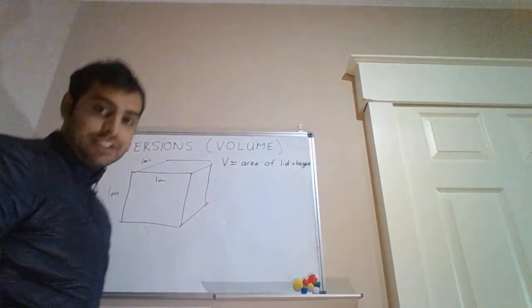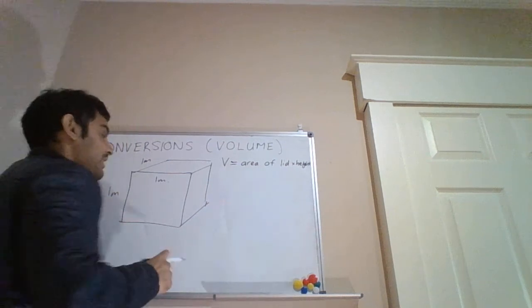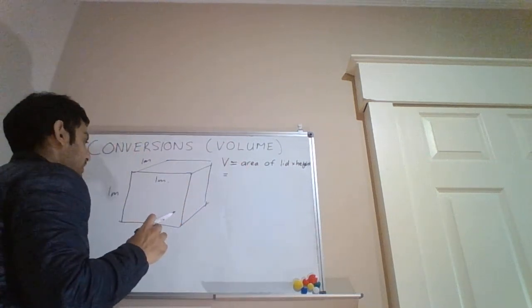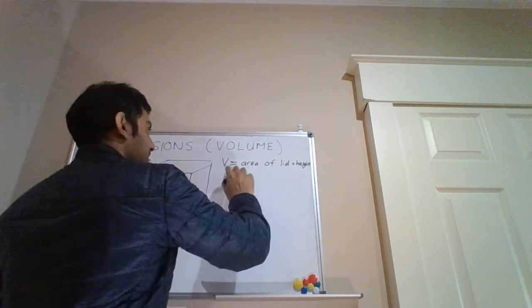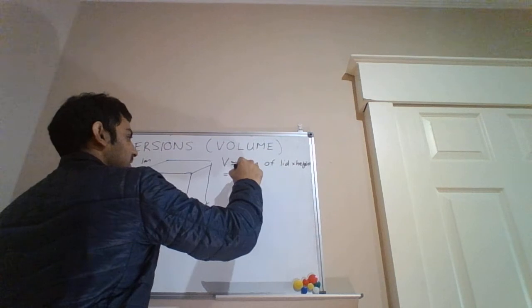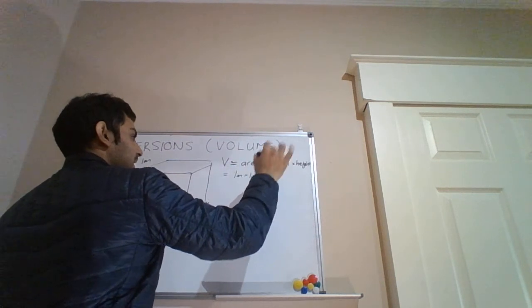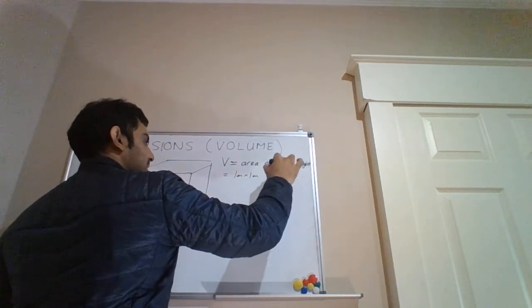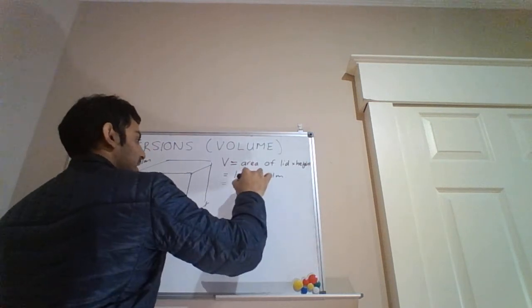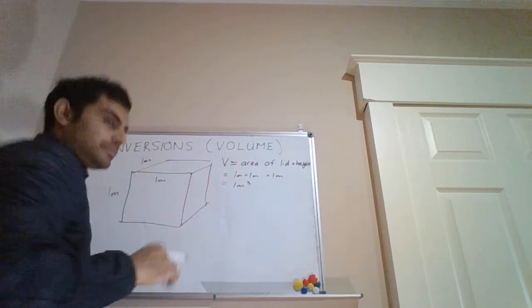Sorry it's a little bit untidy, but I think you know what I'm talking about. So we've got the area of the lid is 1 meter by 1 meter, and the height is 1 meter, so we get that it's 1 meter cubed.